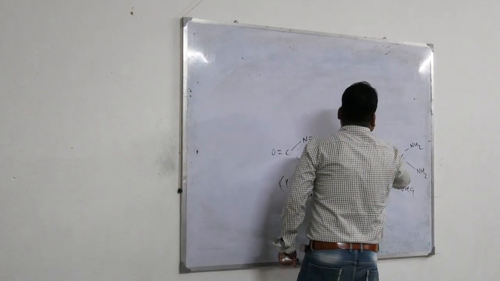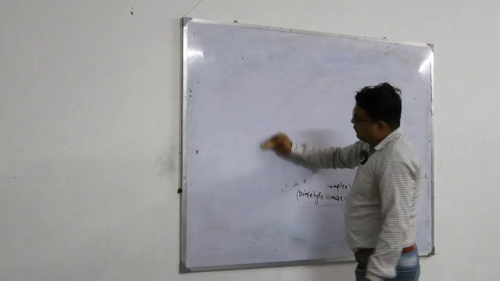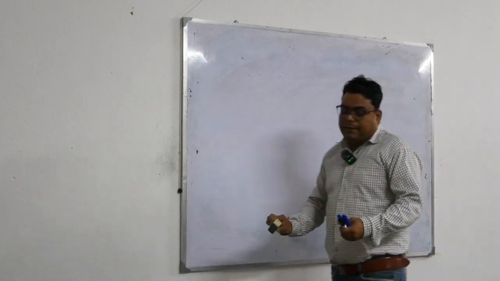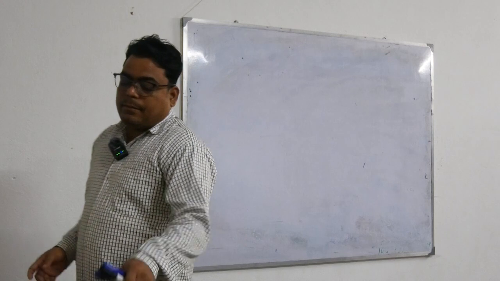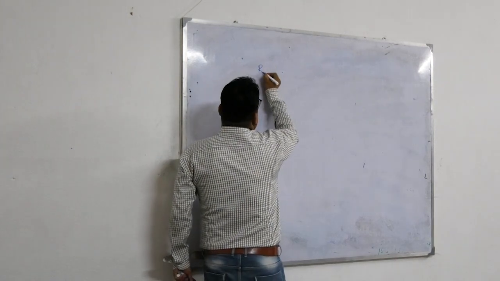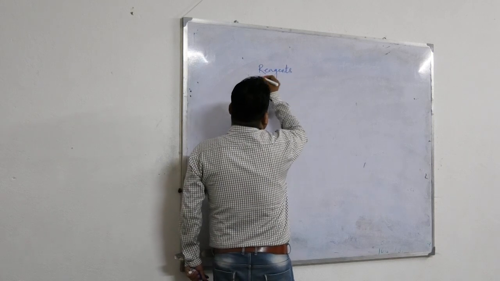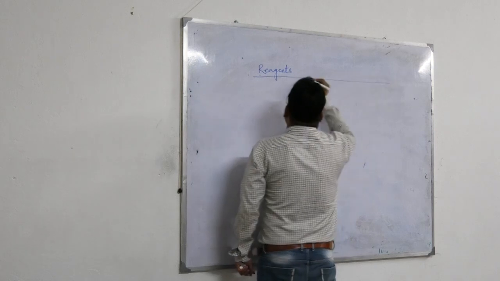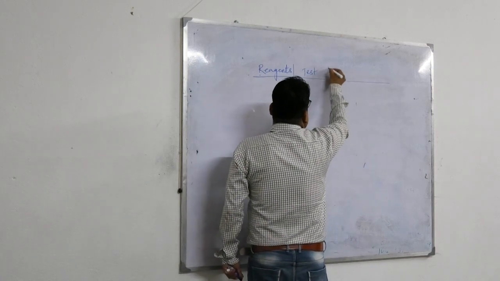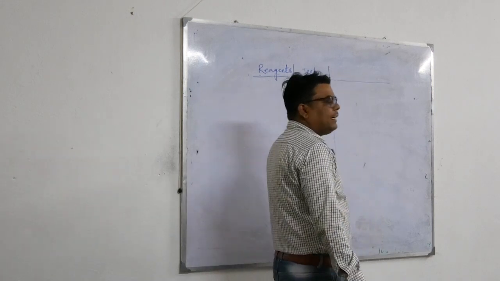So the procedure is the same as all the procedures, but here we change the reagent. Let me discuss. This is called reagents. Write it in your language first. First you write, take 3 test tubes and mark them as test, blank and standard.